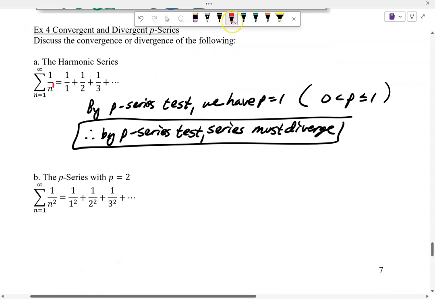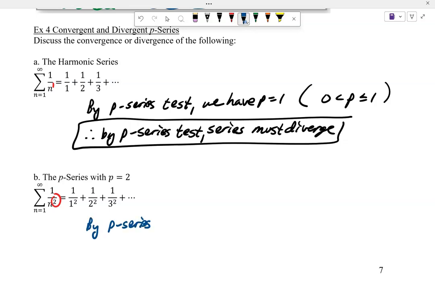Well, what if p is now 2? 1 over n to the p, p is now 2. Well, by the p-series, we have p is 2. Anytime p is greater than 1, it must converge.